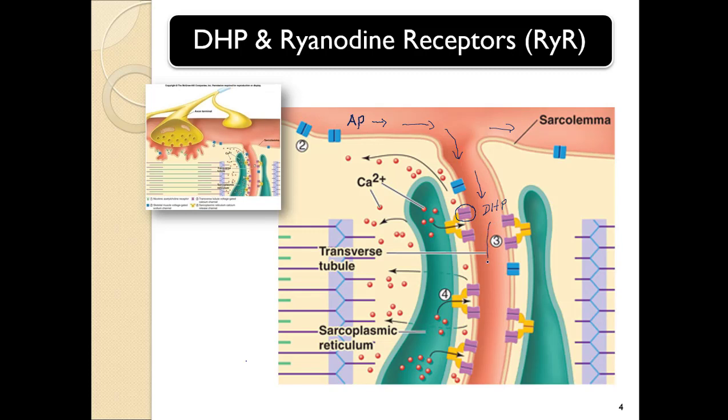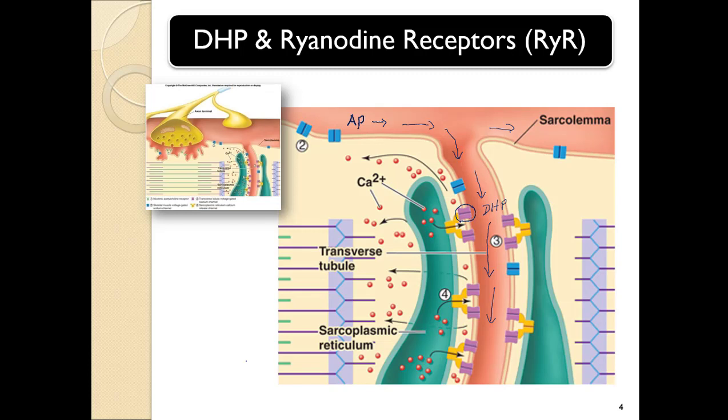This action potential continues down this way. When it strikes these purple DHP proteins, they are voltage gated and they change conformationally. That's what happens with all of these proteins when they get hit with a voltage, as long as they're voltage gated. In other words, they're going to twist a little bit. Imagine them twisting when they get hit with this voltage.